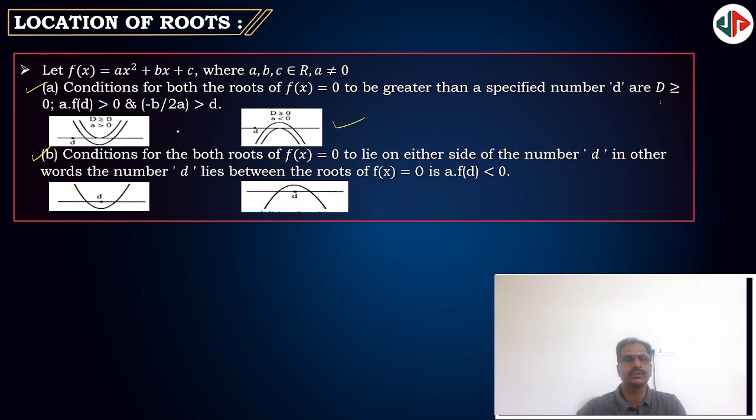Look at these diagrams. These are the conditions for the roots to be on either side of the number d. Suppose the given number d is 5, the condition for one root to be less than 5 and the other root to be more than 5 is: a into f of d less than 0.